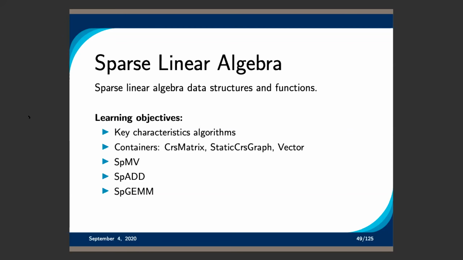Then I'm going to talk about some containers that are necessary for sparse linear algebra. Finally, I'll cover 3 typical kernels that are widely used in applications for sparse linear algebra, namely the sparse matrix vector multiplication, the sparse matrix addition, SPADD, and the sparse matrix multiplication, SPGEMM.